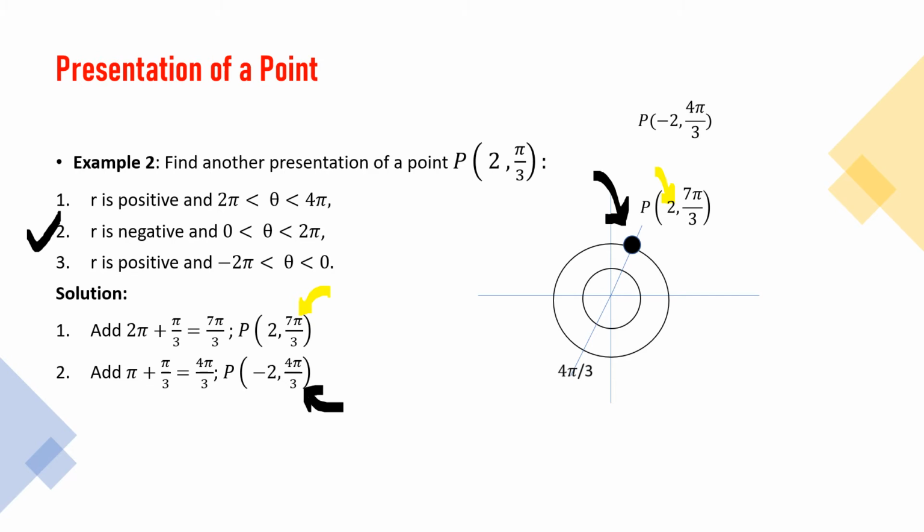And since this point is on the other end, the radius is going to be negative. So if we want r to be negative and theta between 0 and 2 pi, we just add pi to our angle. The new angle is 4 pi over 3, but since this point is on the other end, the naming is going to be -2, 4 pi over 3.